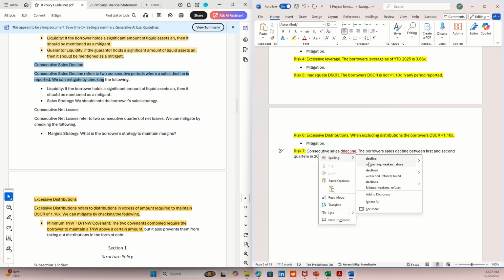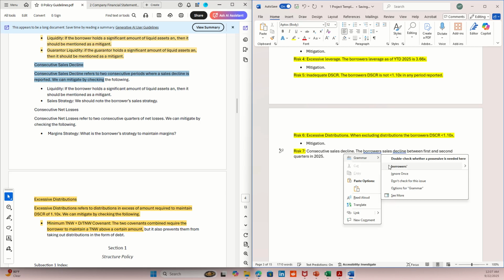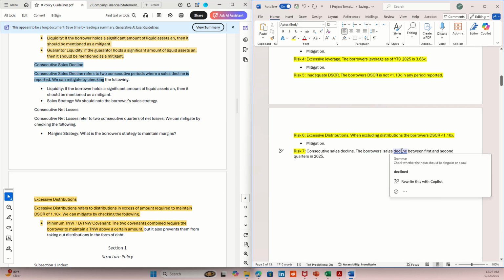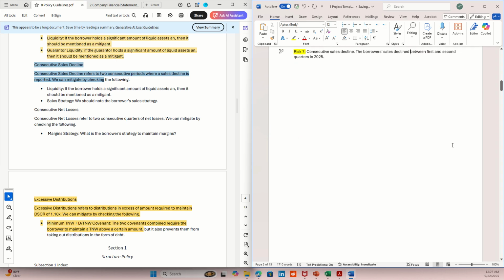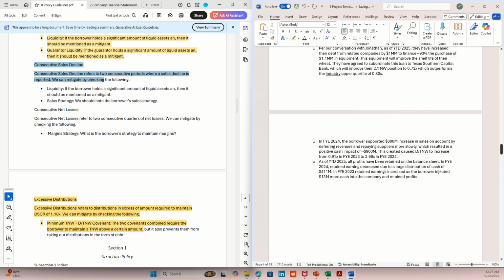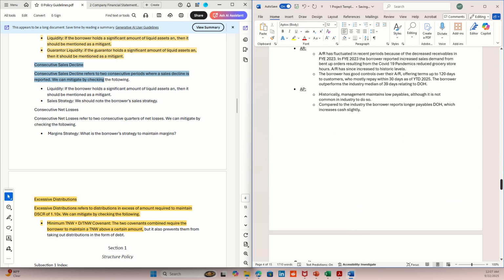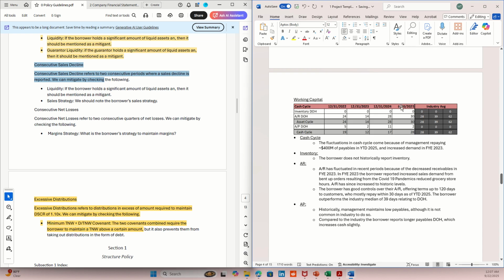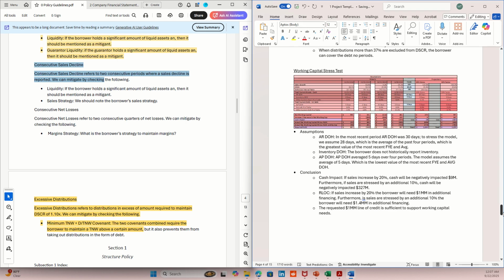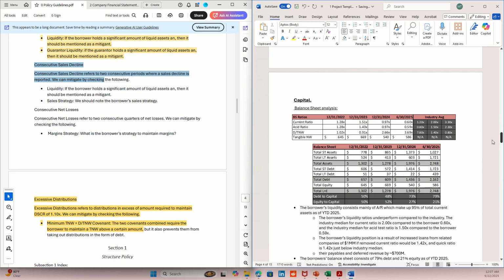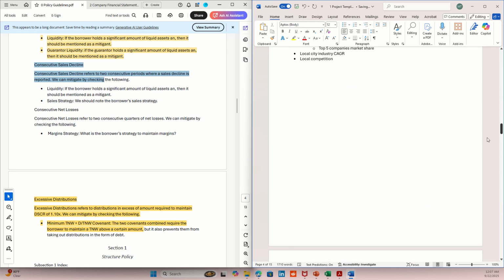Remember, y'all, 1 quarter is 3 months. So I have year to date numbers. I have year to date, but my year to date is in July. So as of July, they've lost 29% of their revenues, of their total sales.